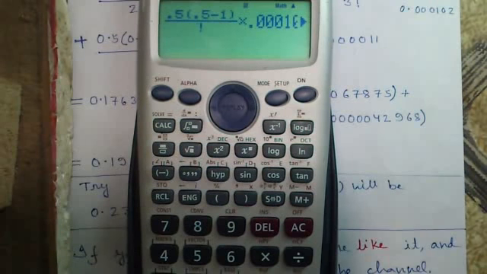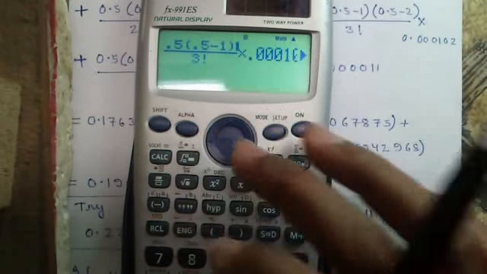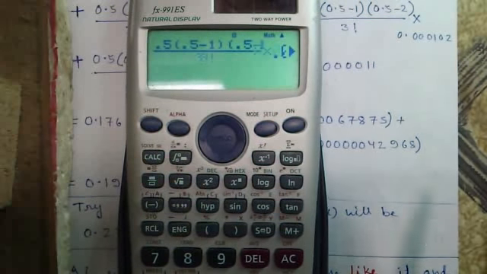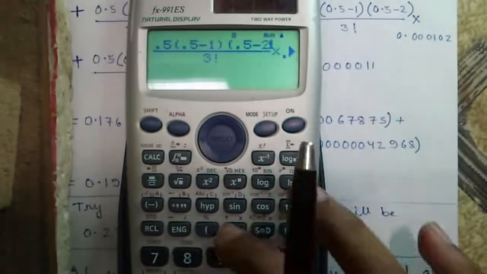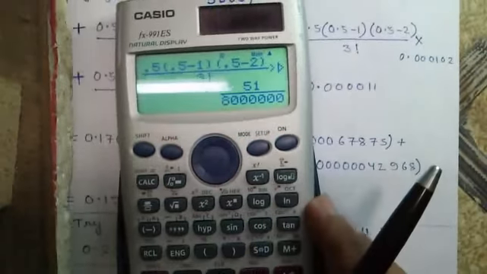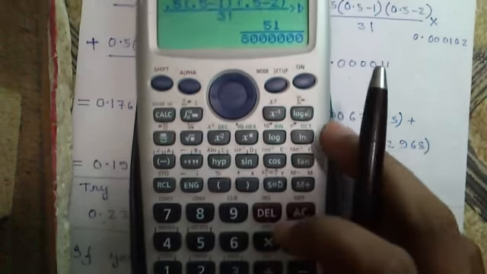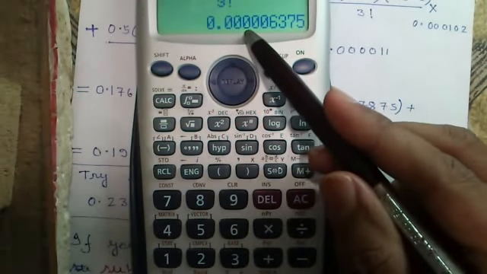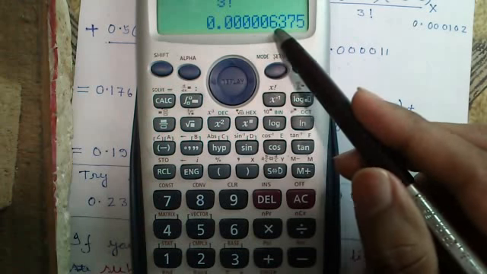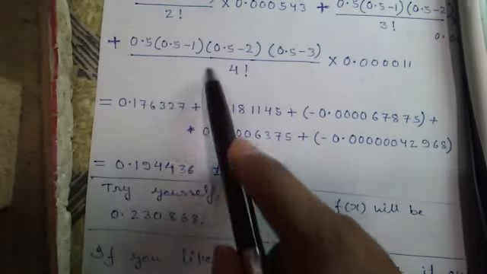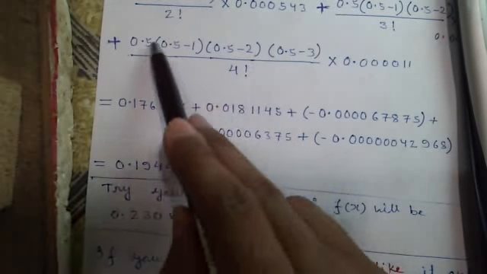Press del 3. 0.5 minus 2 bracket. Press equals to. It's in fraction form. To convert to decimal form, press the S to D button. It will become 0.506375. And for this term, keep the structure same.